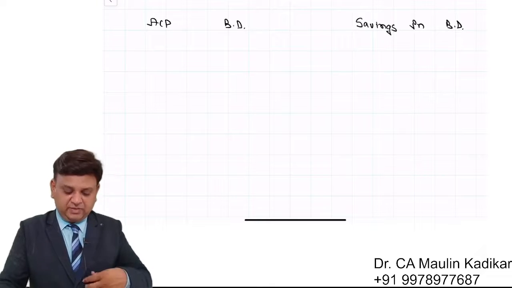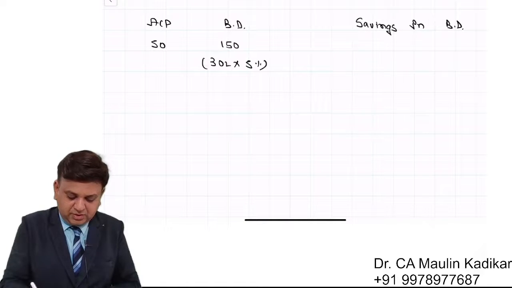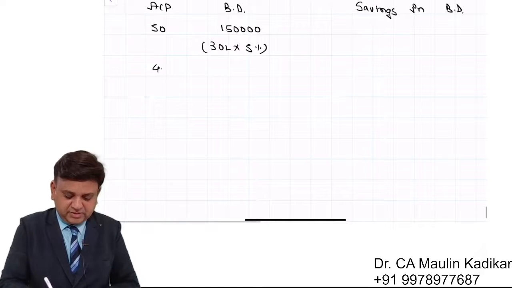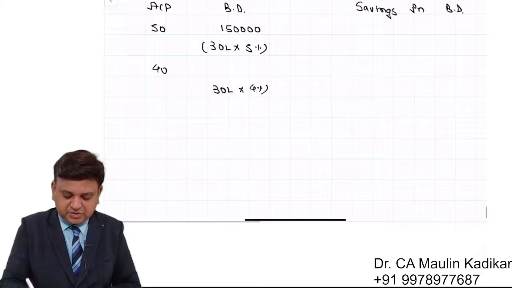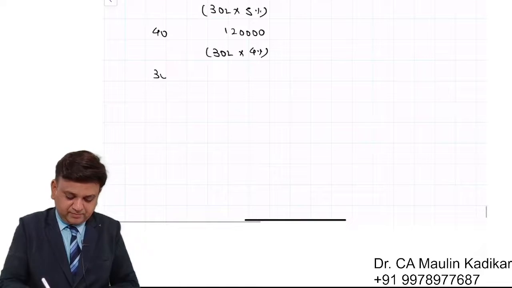Collection period right now is 50 days. Loss on account of bad debts is 30 lakhs into 5%, 1,50,000. In case of 40 days, it is 30 lakhs into 4%, 1,20,000. Then it is 30 days.